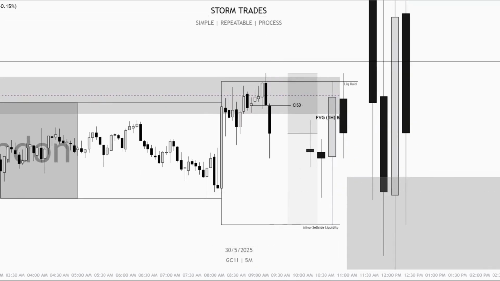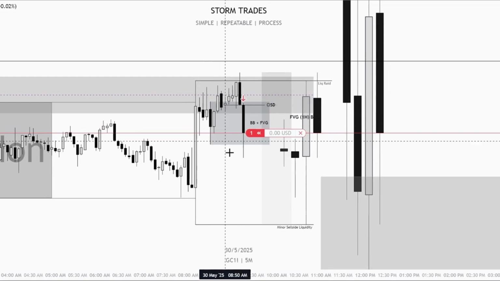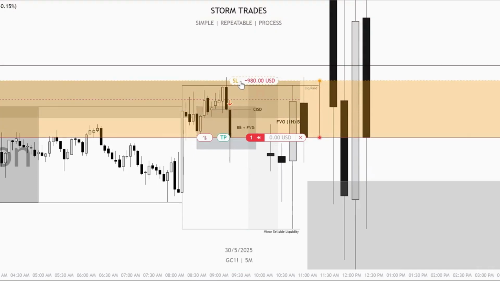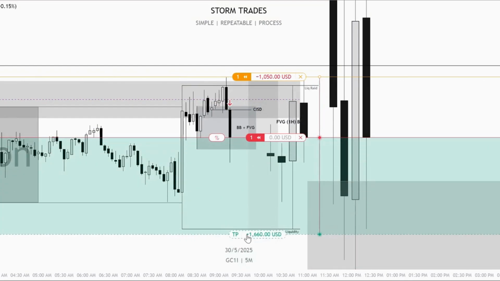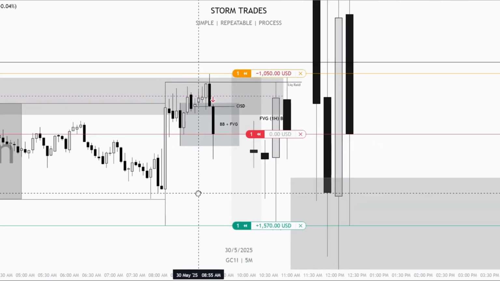So I entered here, starter position, with the expectation that we might get a close below this breaker, in which case I would put stop above here, the swing high, take profit down here at the minor sell side, liquidity noted.